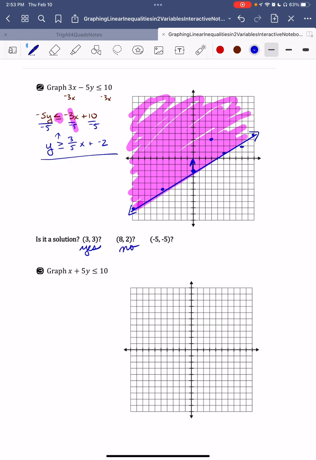And if I wasn't sure, if I didn't really trust my graph, I could plug it in and see if I get a true inequality. And then (-5, -5). Well, (-5, -5) is actually right on my line. So in this case, that is a solution because for a solid line, points on the solid line do work. They do solve the inequality.